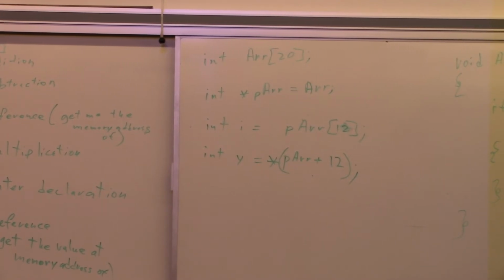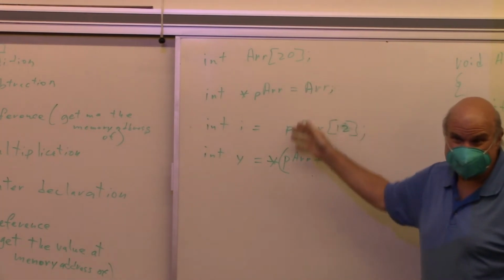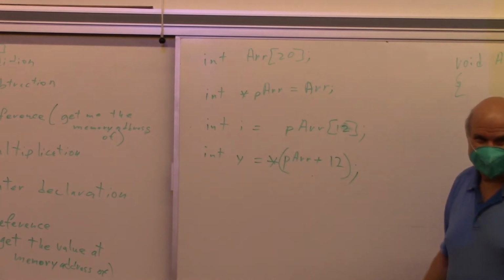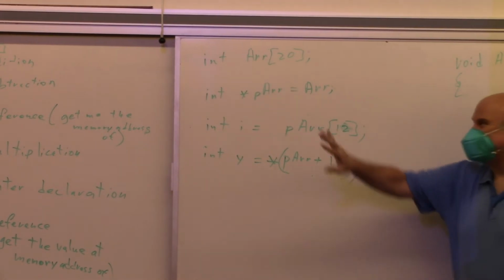Do you even need pointer PARR? Because ARR is already a pointer. You need it for the point I'm trying to make, yes. In other words, this tells you explicitly that it's a pointer. That's why I'm putting this up here for you to learn. If we did ARR plus 12, don't give me what ifs. I'm trying to teach something.